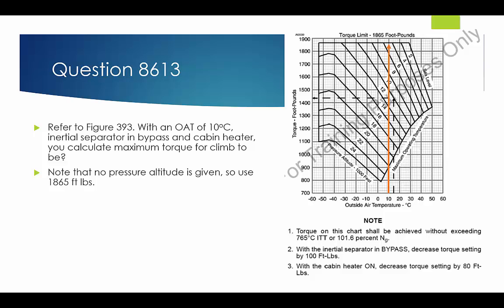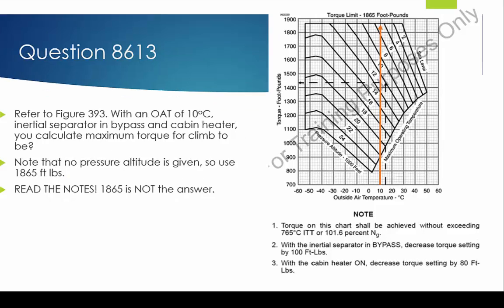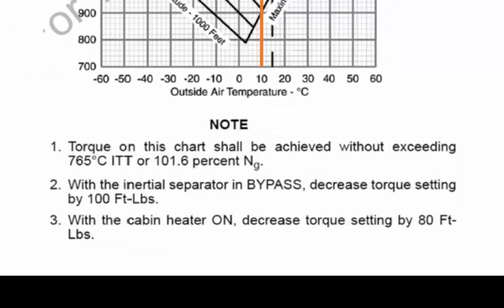However, because we have the inertial separator in bypass and the cabin heater, 1865 foot-pounds is not the answer, and you would get that wrong if you chose that for your answer.